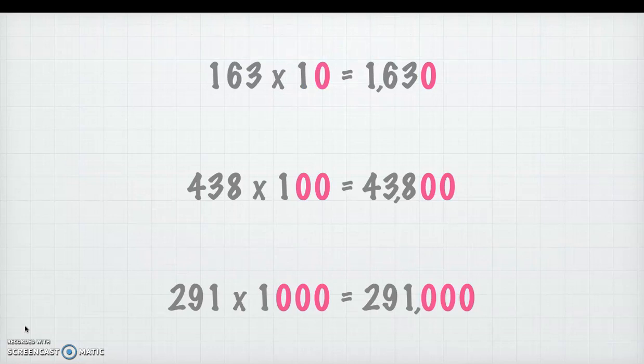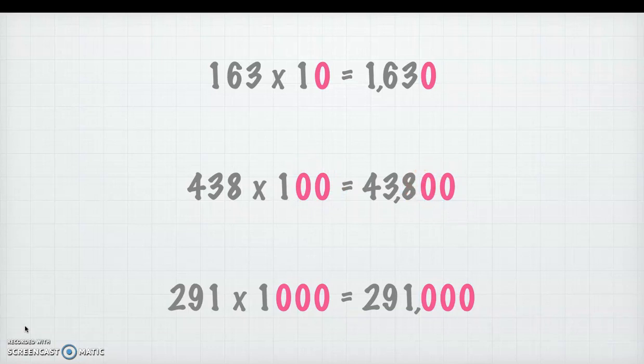163 times 10. As you can see, there is 1 zero in 10, and all I did was write down 1, 6, and 3, 163, and I annexed 1 zero. Let's go ahead and see times 100. 438 times 100. All I did right here, since 100 has 2 zeros, I annexed 2 zeros to 438.